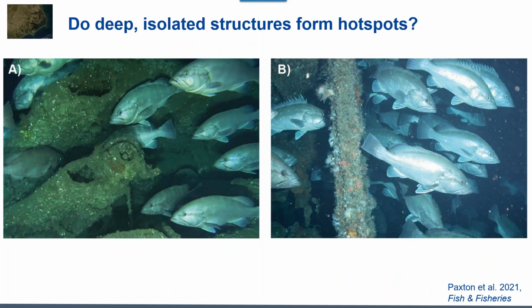And so far I've talked a lot about shallow reefs, and one of the things that Chip asked that we also share was a synthesis that our team has conducted of 4 years of data from deep isolated structures on the seafloor off the coast of the Southeast US.